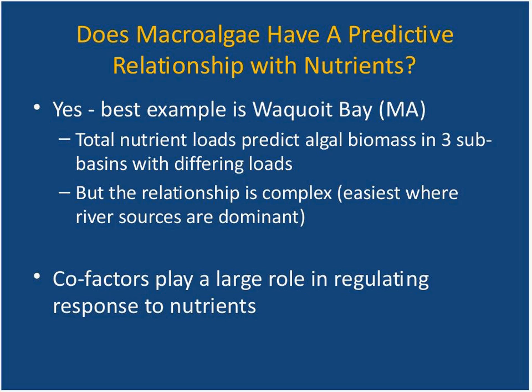They had a big marine ecosystem research project there, with a really fine set of measurements and experiments showing that total nutrient loads are a really good predictor of biomass in three different subbasins of this estuary with very different loads, so they were able to do real-time comparisons of the three subbasins. But like I said, the relationship is really complex, and it's easiest to determine where river sources of nutrients are dominant, which is always the case here in California. Also, what came out of this work is that cofactors play a large role in regulating this response to nutrients.